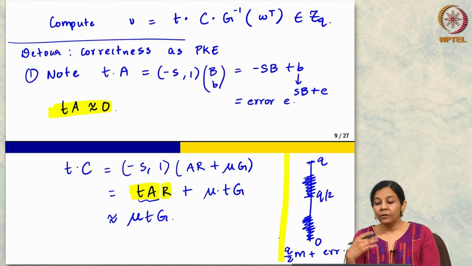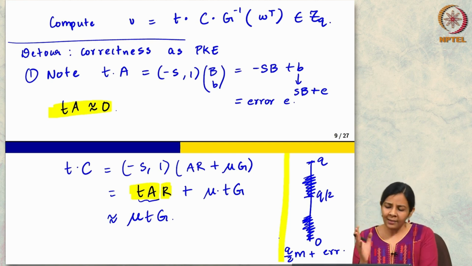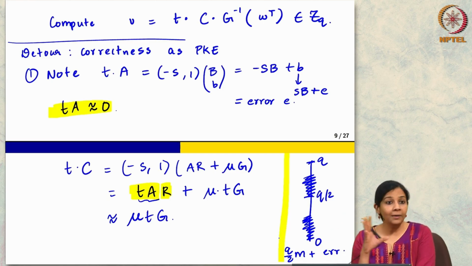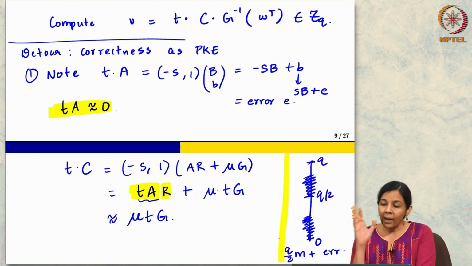Okay. So, therefore, what I am trying to get at is that as long as I have some bound on the error, I can hope to keep going. Now, this is hand wavy and it is also dangerous by the way, because it is not that I can just keep doing this. I need to be very careful ultimately about the size of my error, the size of my modulus.